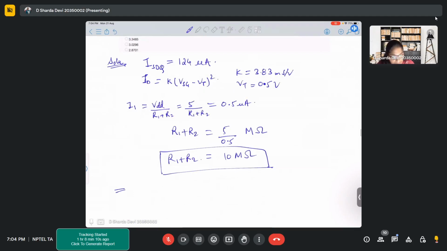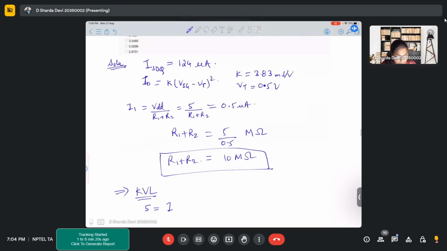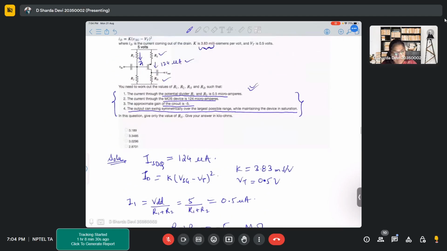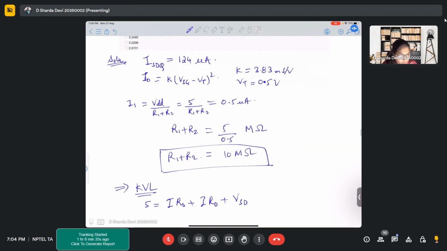So if we write a KVL, it looks like this: 5 volts, then the voltage drop across RS, so I into RS, plus the drop across RD, so I into RD, plus VSD, since it is a PMOS, the drop across the transistor, equals zero. Now, how do we write VSD?